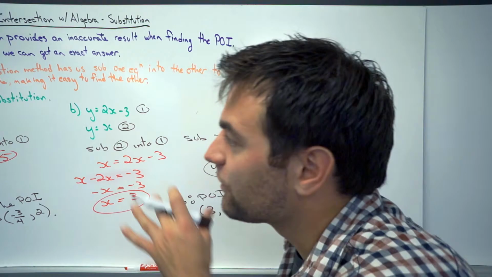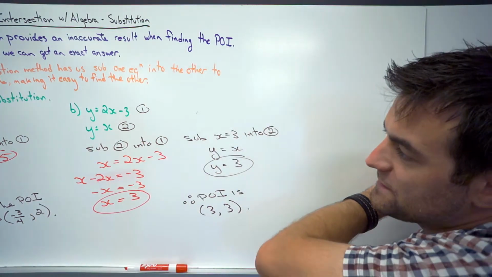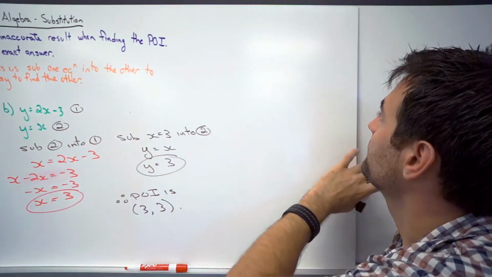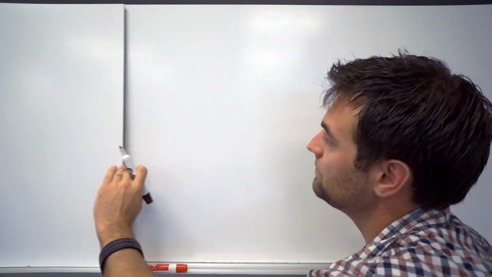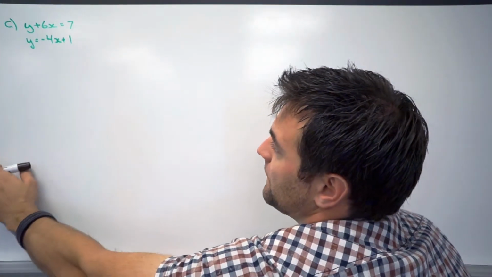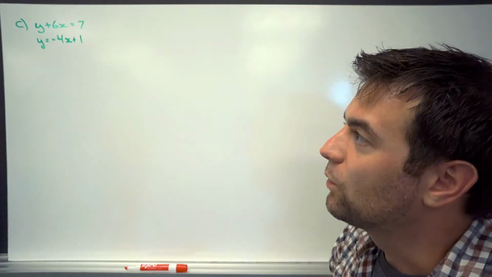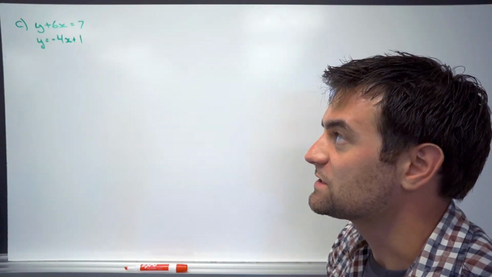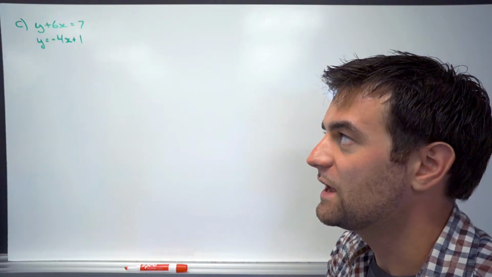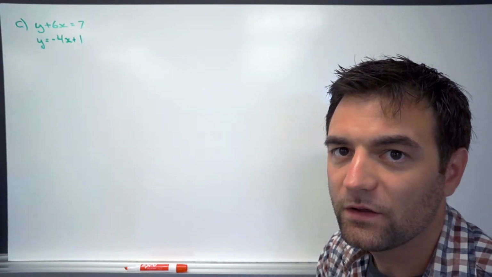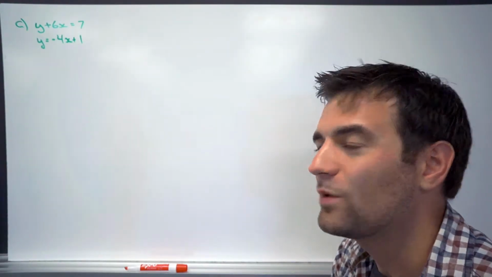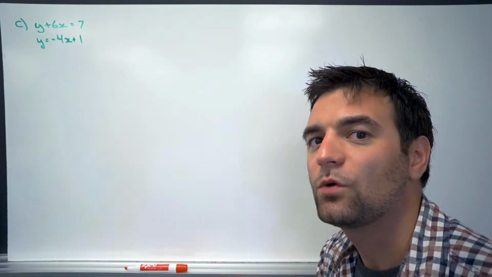Now, to further elaborate, we're going to make this a little bit tougher. Here we have an example where y plus 6x equals 7, and we have y equals negative 4x plus 1. So in this case, we have an equation that we have to sub into an equation.